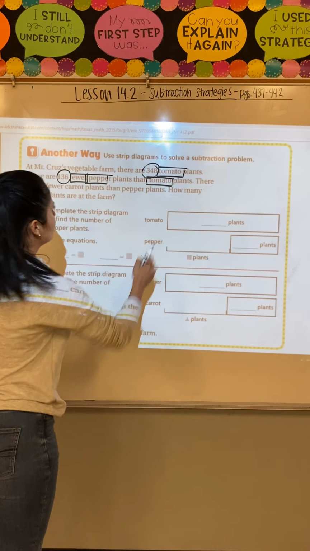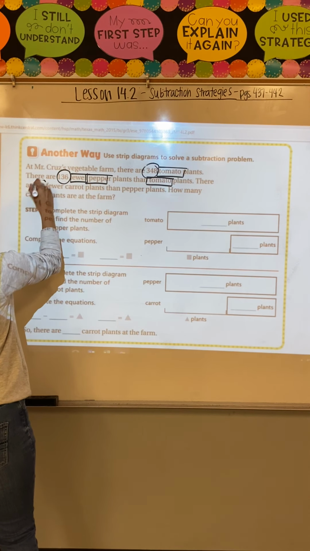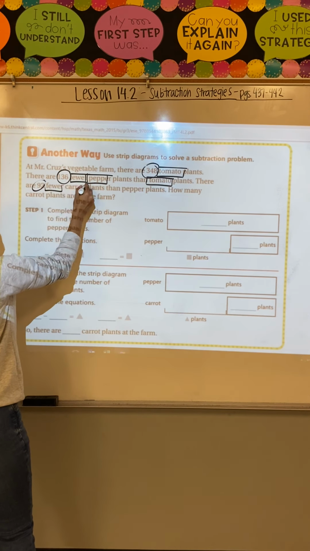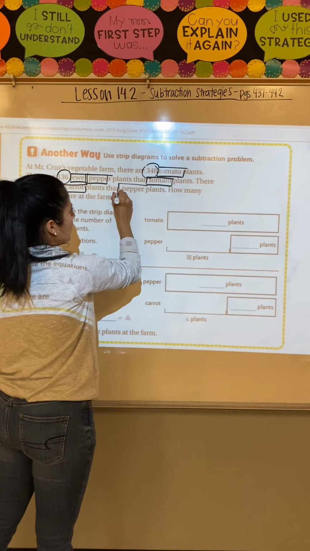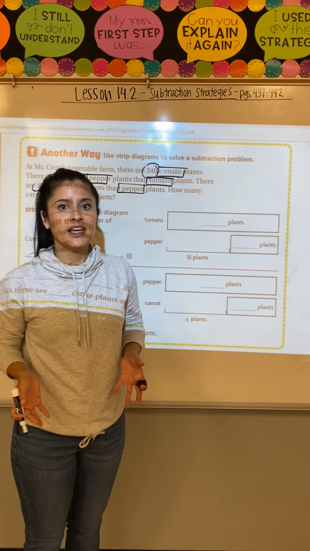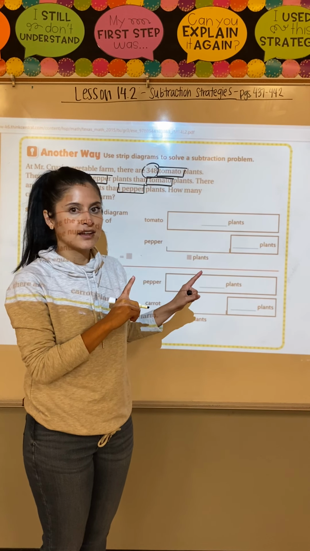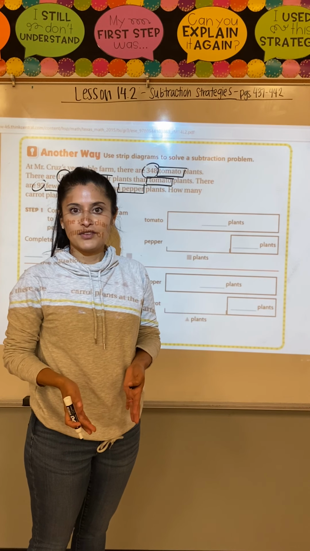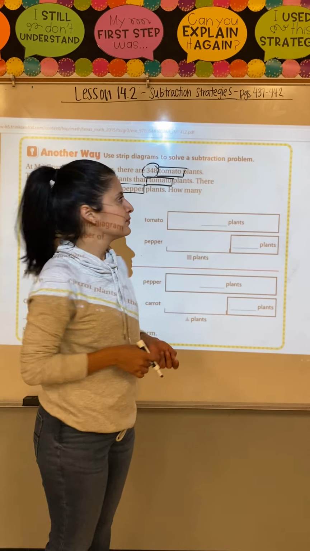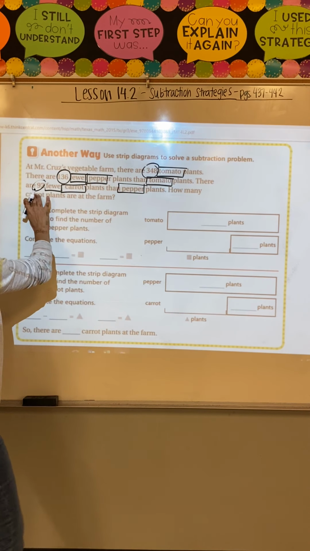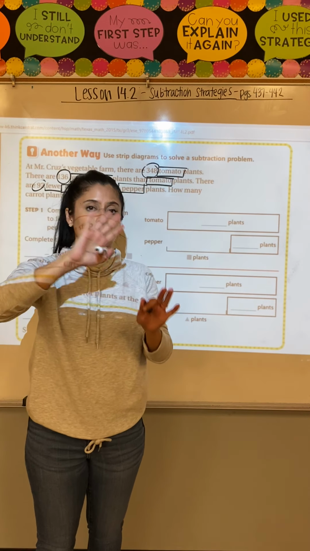Let's keep reading. There are 92 fewer, less carrot plants than pepper plants. So here, we're adding another vegetable. We have carrots. And again, did they give us the amount of carrots or did they give us a clue? Well, they gave us a clue of 92 fewer, 92 less.